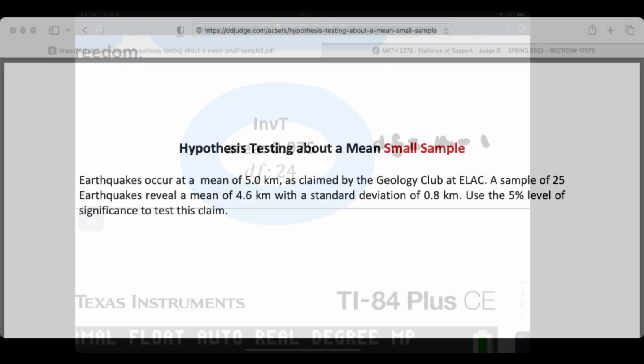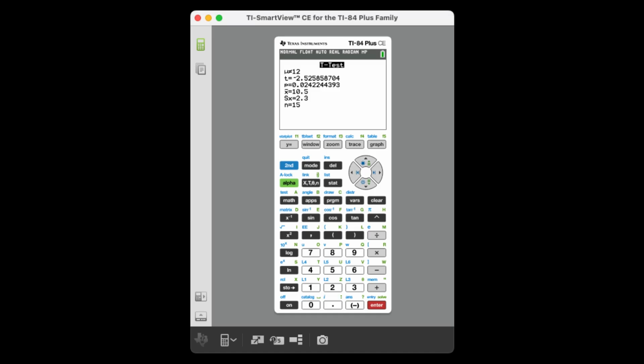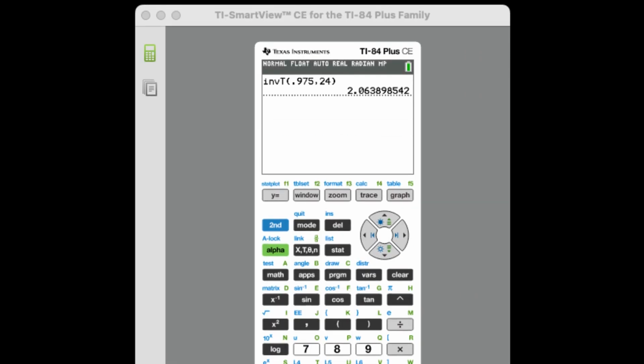So in the TI, that's not the TI. That's the TI. When we go to second distribution, inverse t now. Oh, we already have 0.975. Good. I already have degree of freedom 24. That must be from the other class I did earlier. Paste it. What do you guys get? What do you guys get there for inverse t?